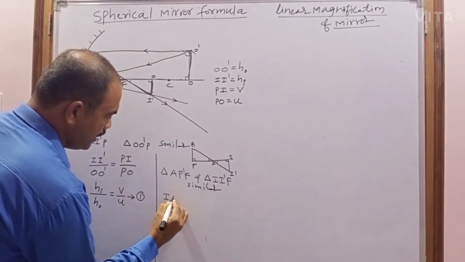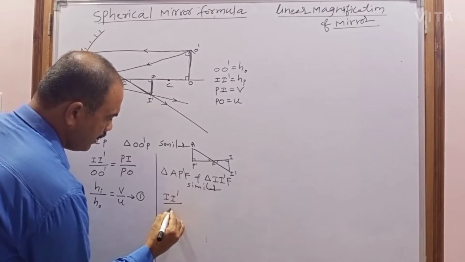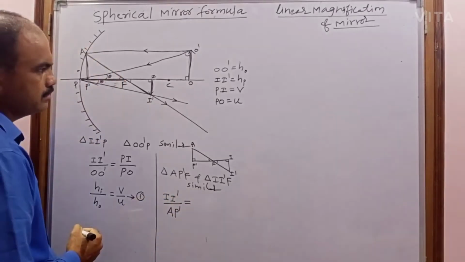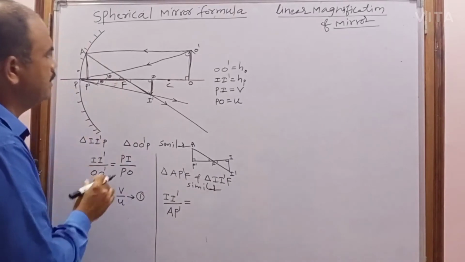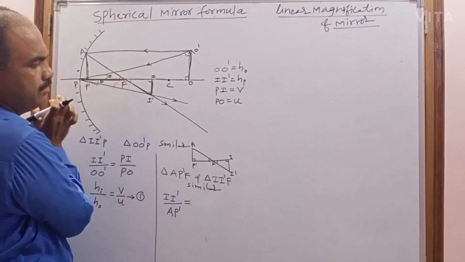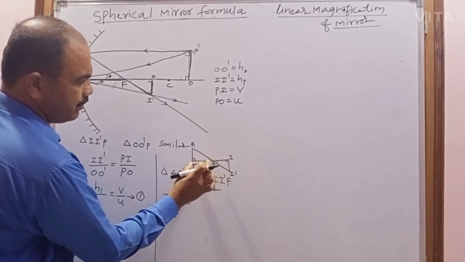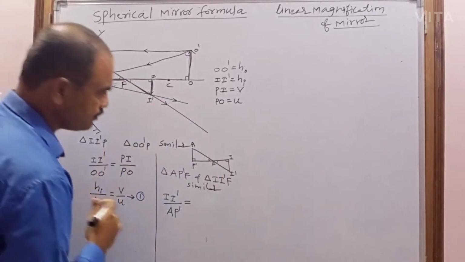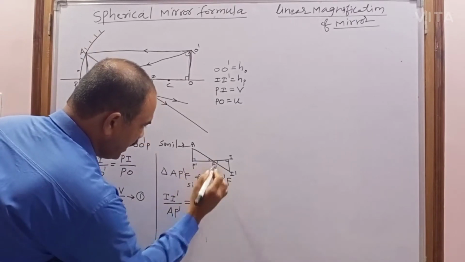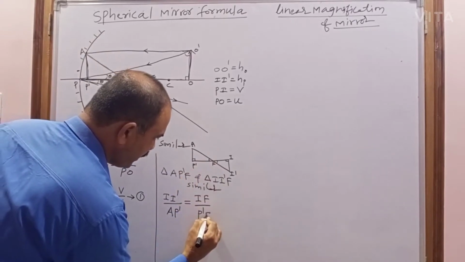So I dash by AP dash is equal to the next two corresponding sides, IF by P dash F.